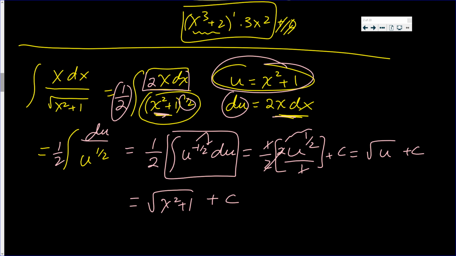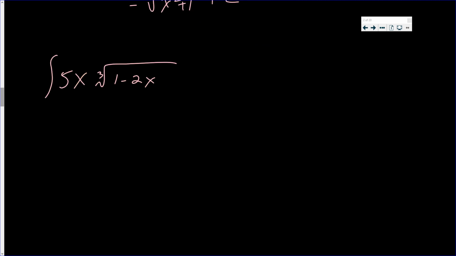How about we have this problem? The integral of 5x times the cube root of 1 minus 2x dx. Now, unless you see that you're going to need the 5, I generally like to bring constants out in front right away.